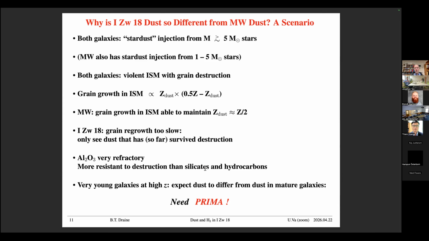So let's hope that science gets the PRIMA Space Telescope made available to study these things in years to come. That'll be a great tool for studying what the dust is like in these very young galaxies when the universe is young. But we can look at a young galaxy today and find evidence that might be a very good guide. So let me just stop there and ask for any questions.